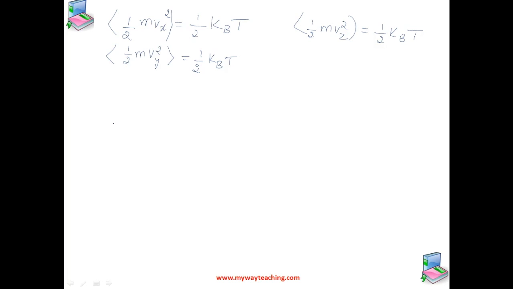We say that it has 1 degree of freedom for motion in a line, which means it requires only one coordinate to represent its location in a line.